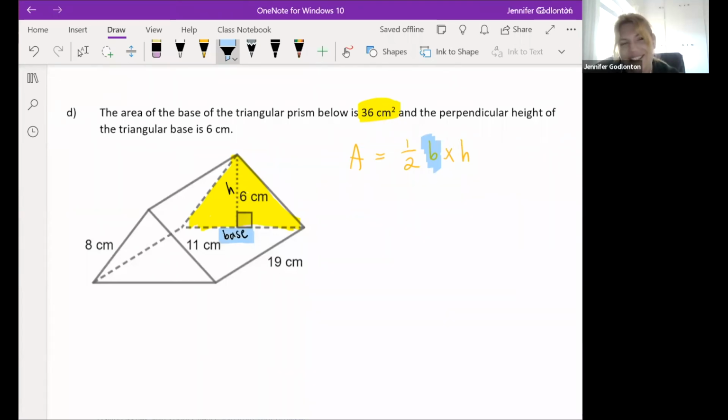Let's see how this goes. Our first goal is to find that base. Second goal is to find our surface area. Then we'll jump to our next question, and on Tuesday, we're going to start with some algebra.